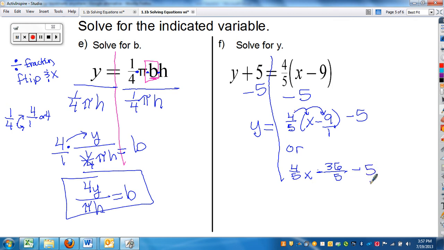Minus 5, then you can put these two together, or you can think again, this is 7 1/5. So adding those two together, Y equals 4/5 X minus 12 1/5.